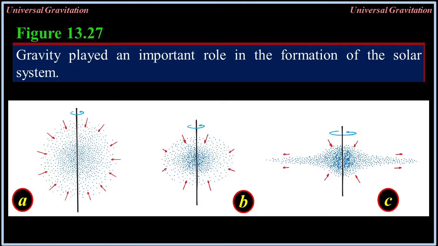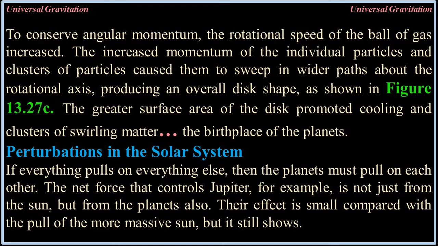The increased momentum of the individual particles and clusters of particles caused them to sweep into wider paths about the rotational axis, producing an overall disk shape as shown in figure 13.27c. The greater surface area of the disk promoted cooling and clusters of swirling matter, the birthplace of planets.